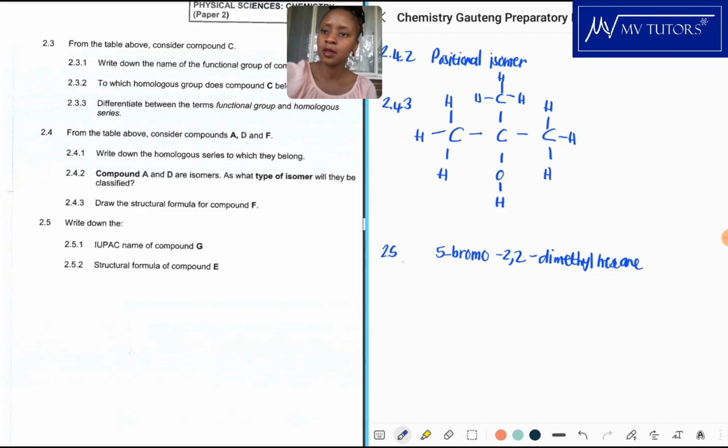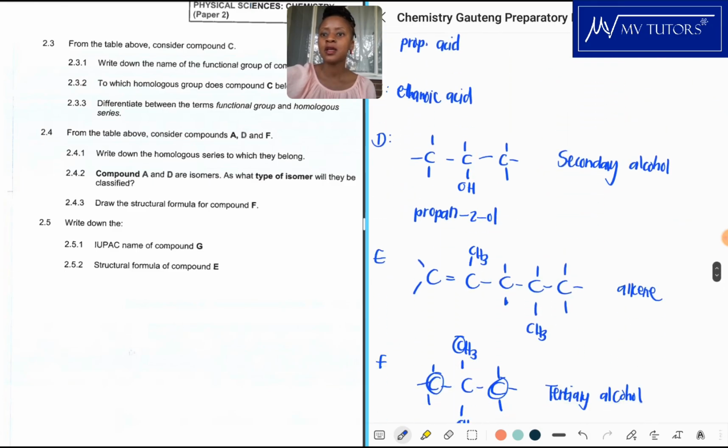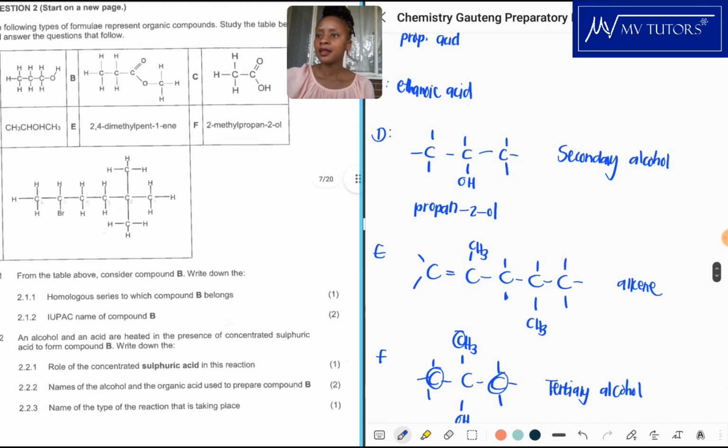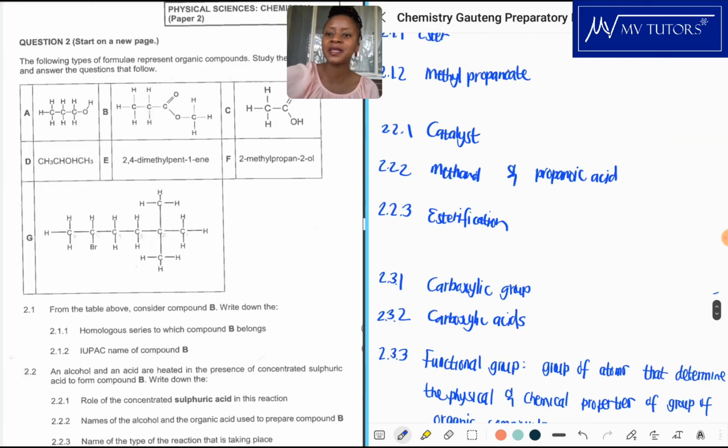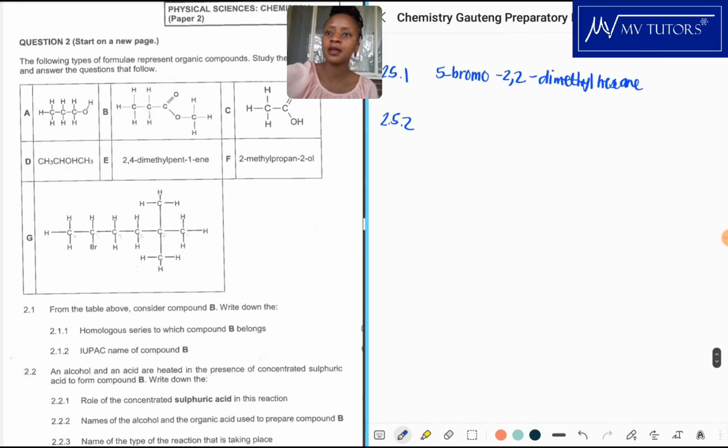Okay, so 2.5.1, 2.5.2. Write down the structural formula of compound E. I'm sure we did that as well. So compound E, that is where they said the 2,4-dimethylpent-1-ene. Okay, I'll do it again. Okay, so we have 5. All right, 2 with its methyl group. 2,4.